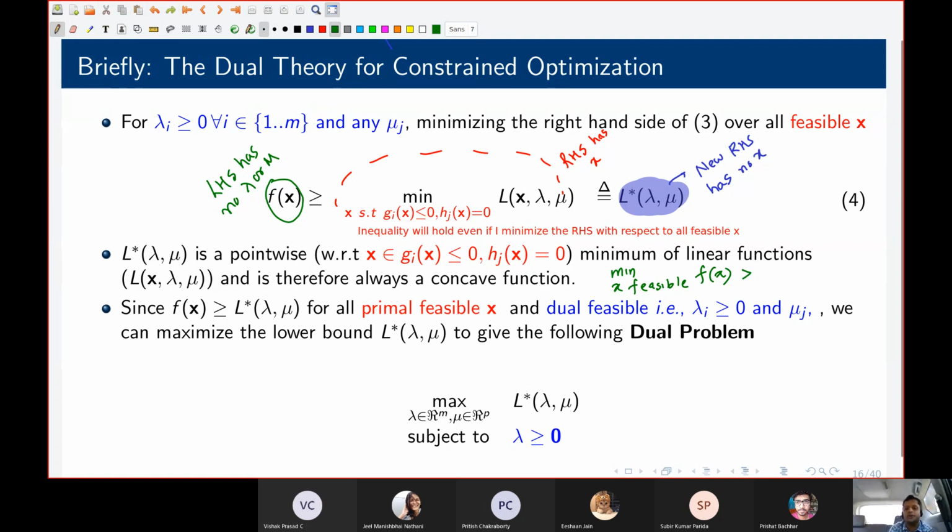This is greater than or equal to the max over lambda, mu. Now, you should keep in mind lambda greater than or equal to 0, mu could be anything, of this L star of lambda, mu. So this is an interesting inequality.